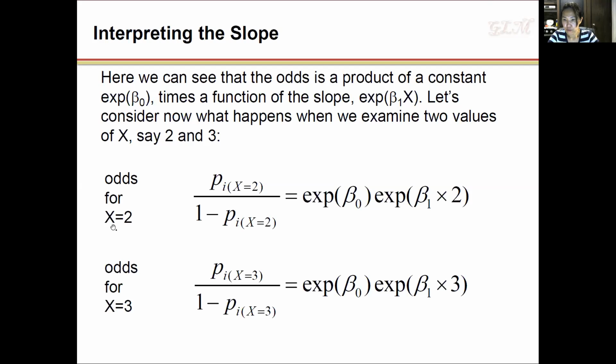So if you have x equals 2, you plug in x as 2, then you will get this one. If you have x equals 3, then you plug in 3 and you have this.